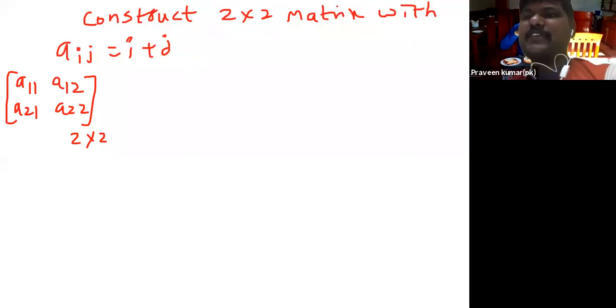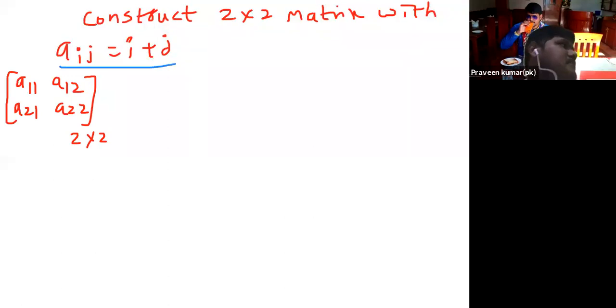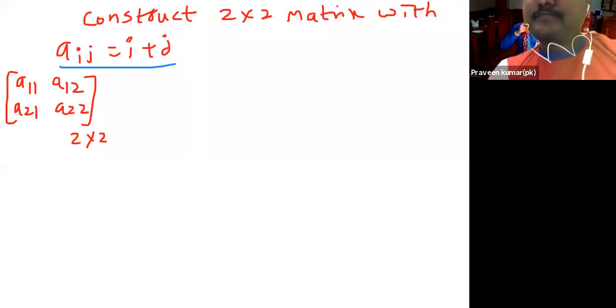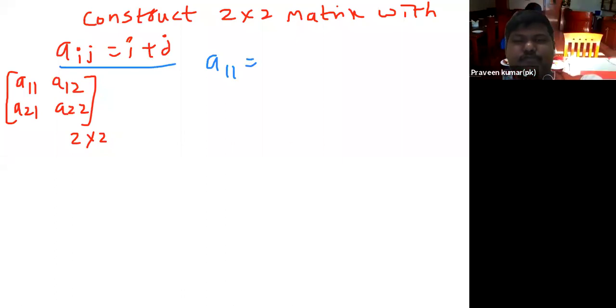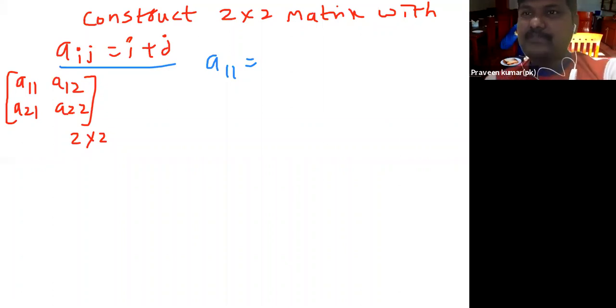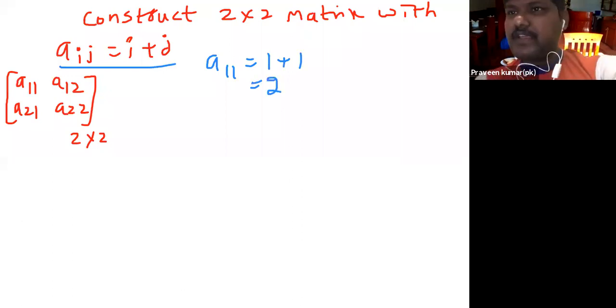Now, what is the given condition? Aij is equal to i plus j, correct? So we need to find all the 4 elements. First A11 means 1 plus 1 how much? 2. First element is 2.